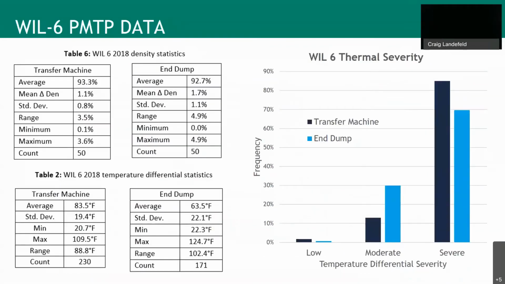This is another example where, again, the transfer machine actually had more severe segregation than the end dumping. This project had some issues with the edge and some cold edge issues, and how they were operating the paver led to temperature differentials with the transfer machine that were actually slightly worse than we saw from some of the end dumping operations.